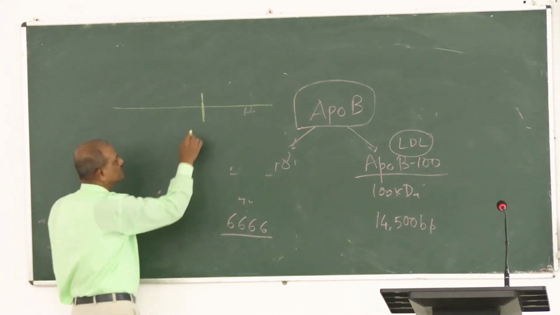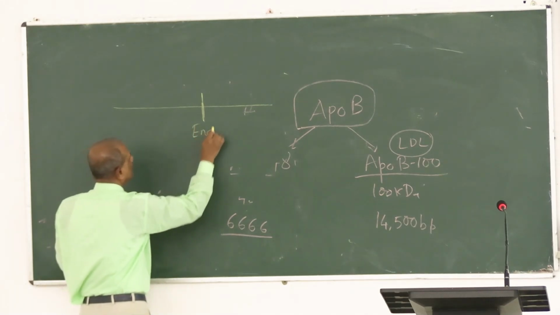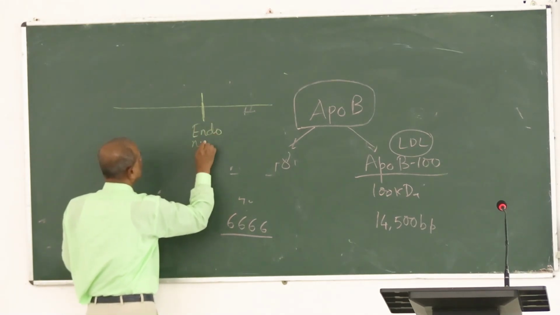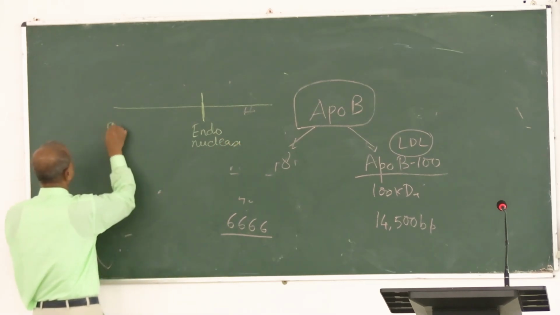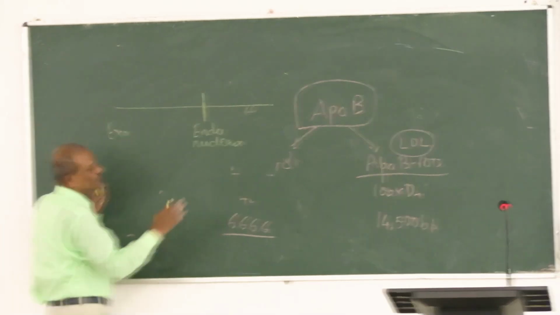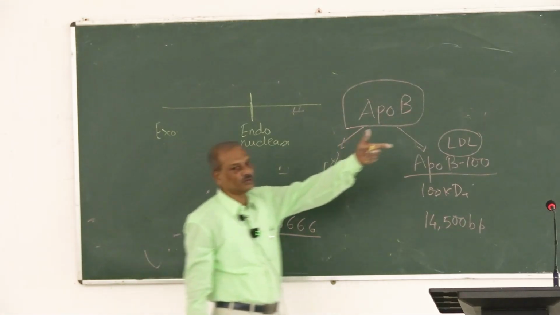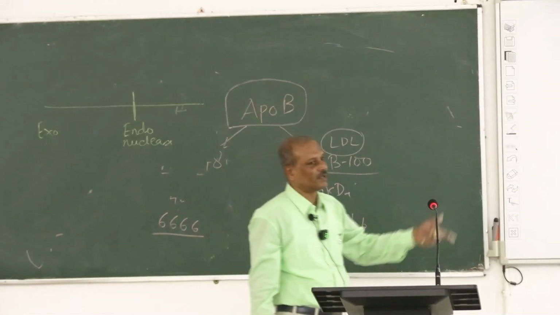The enzyme acting at the extreme ends is an exonuclease. So during processing, endonuclease activity must be there.